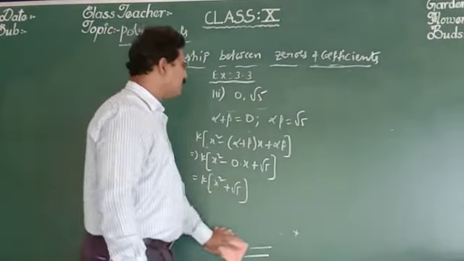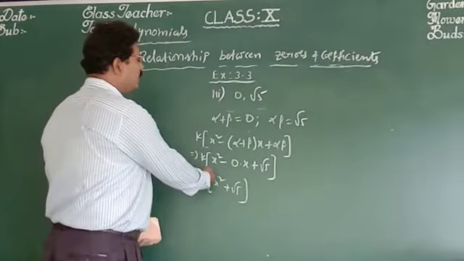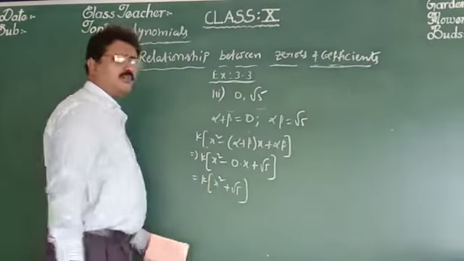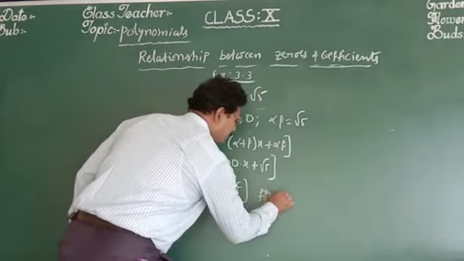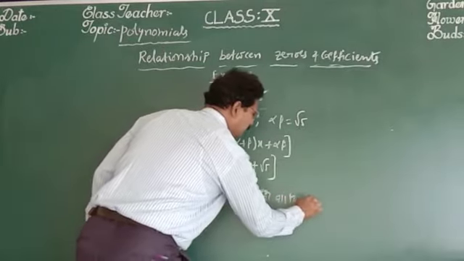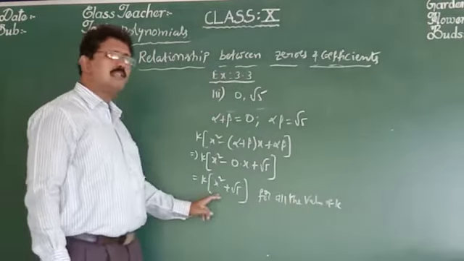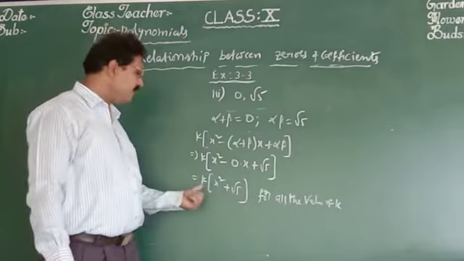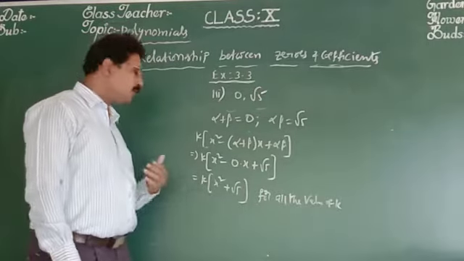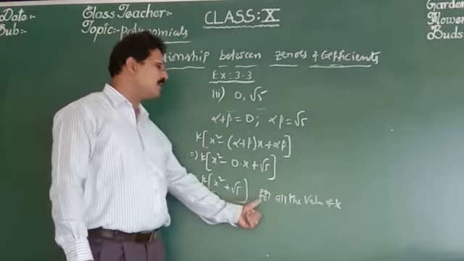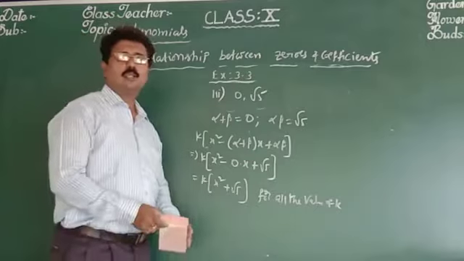What is the value of k? For all the values of k. Suppose if k is equal to 1, your answer is x square plus root 5. If k is equal to 2, your answer is 2x square plus 2 root 5. If k is equal to 10, your answer is 10x square plus 10 root 5. So for all values of k, this is the quadratic polynomial.